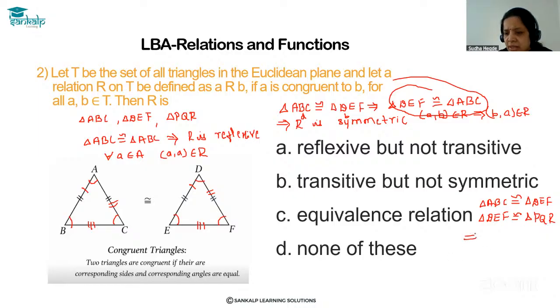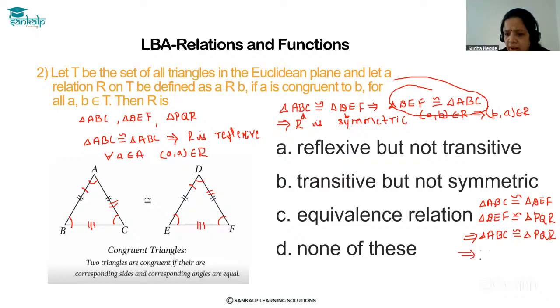That implies the corresponding sides and angles of triangle ABC must be equal to those of PQR. Therefore, triangle ABC is congruent to triangle PQR.